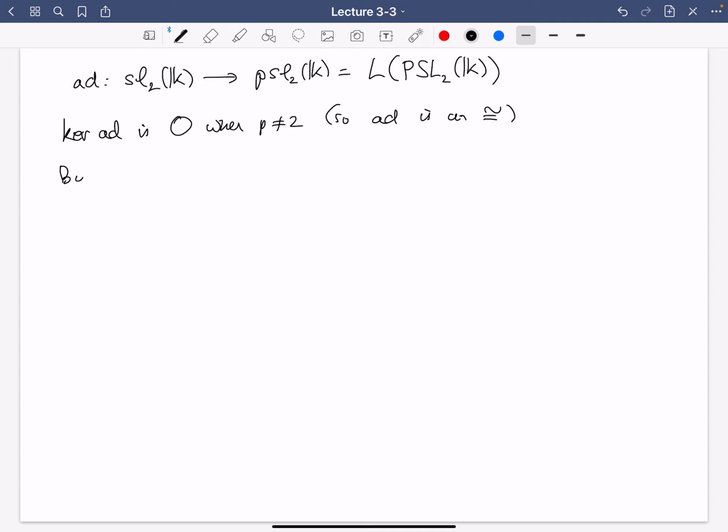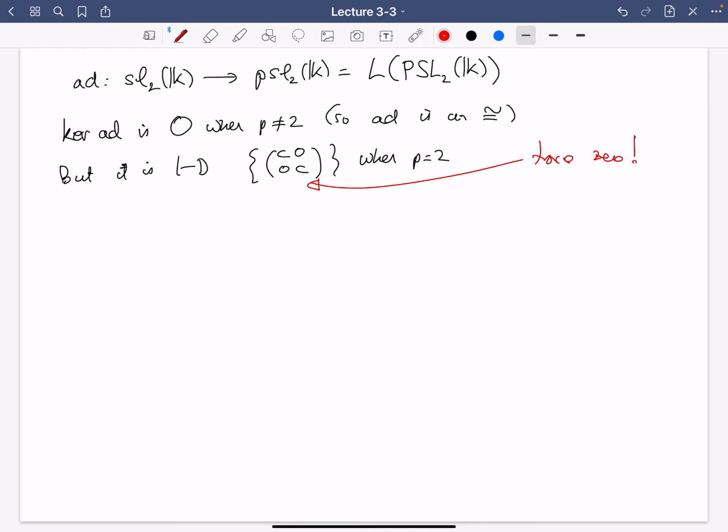But when P equals 2, the kernel is one-dimensional. In fact, it's all the 2 by 2 scalar matrices. You see what's going on is that in characteristic 2, that matrix has trace 0. So the scalar matrices actually live in the Lie algebra SL2 of trace 0 matrices when P is 2.